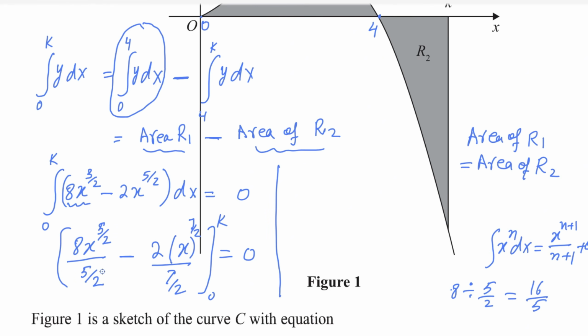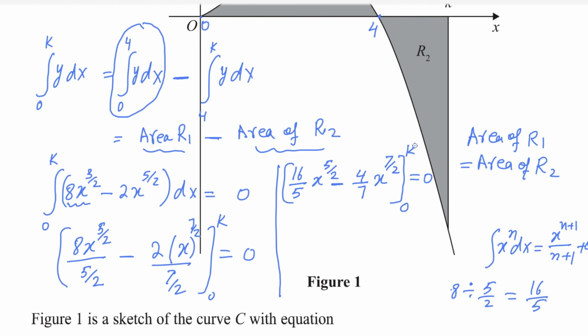So if you simplify this one, we get the answer as 16 over 5 x to the power 5 over 2 minus, again this 2 will multiply by 2, same way you get 4 over 7 x to the power 7 over 2, and limit is 0 to k is equal to 0.